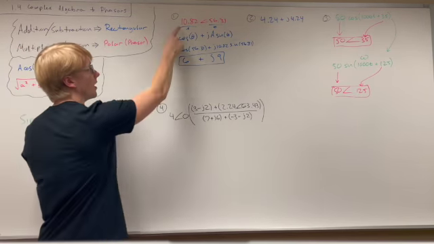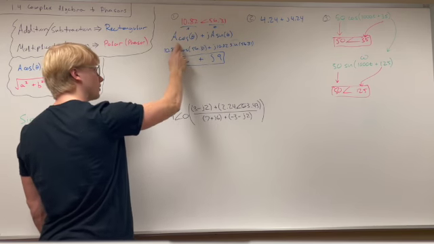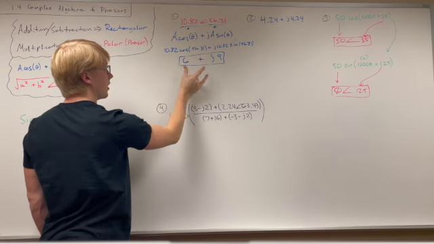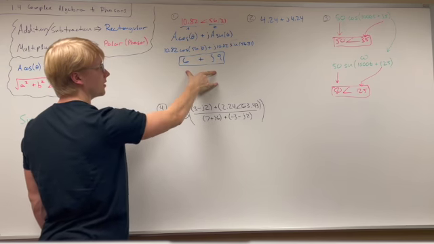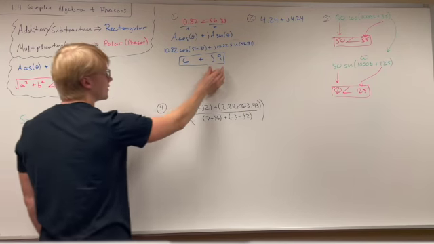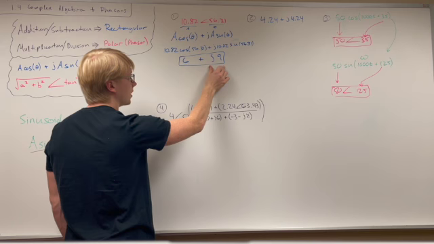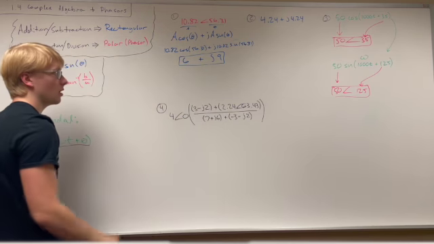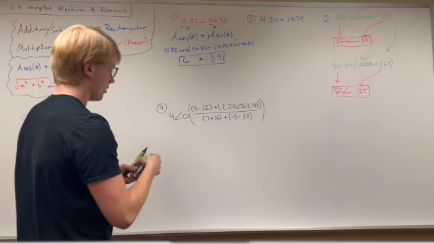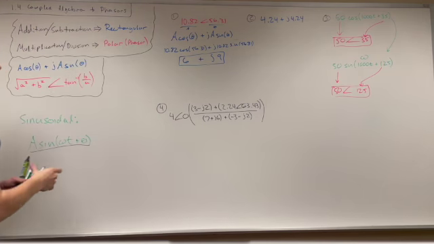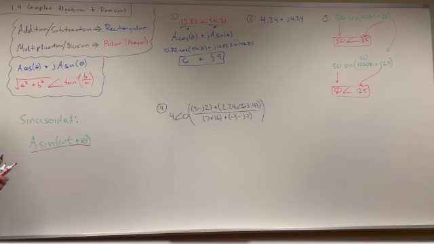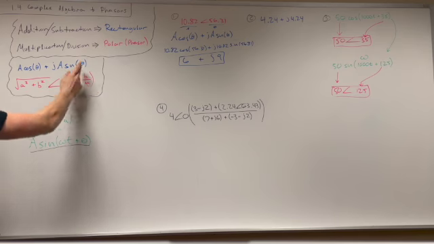What I did here, this is A, this is theta, plug them into this equation, pretty straightforward. It calculates out to be 6 plus J9. This is the real part, and this is the imaginary part of the rectangular form. For number 2, we're going to convert that rectangular form that I have written up there on number 2 to polar form or phasor form.